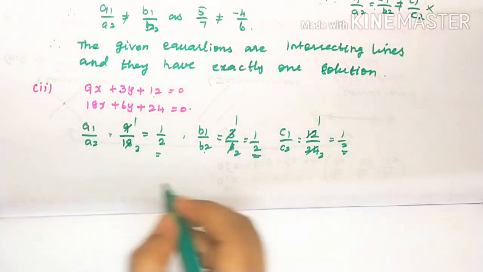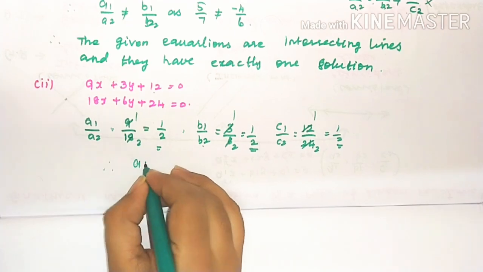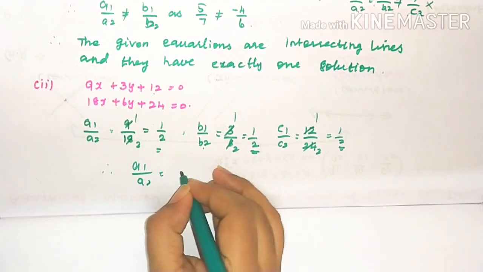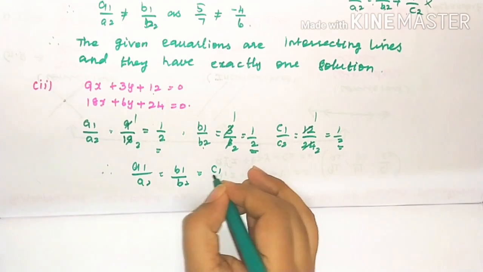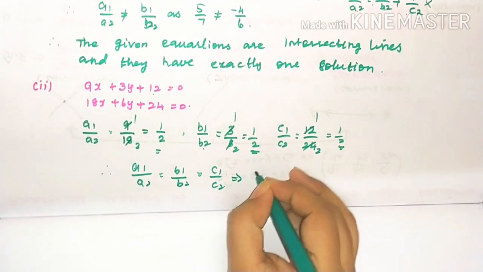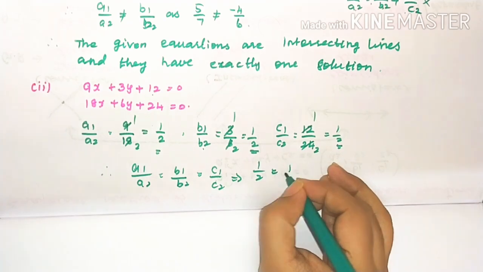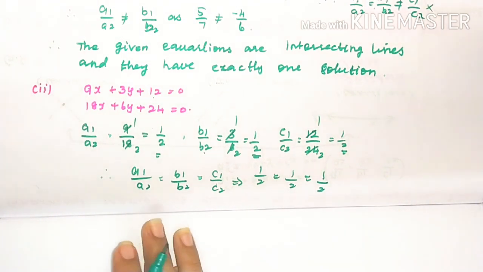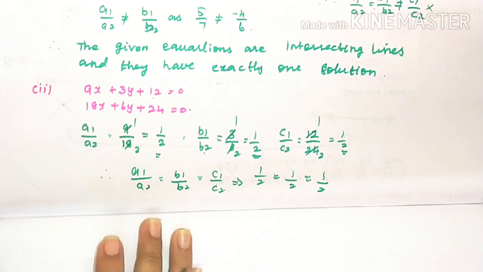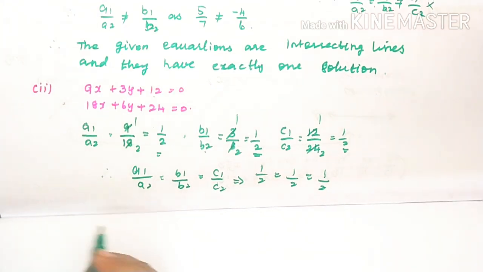So all are the same. Therefore a1 by a2 equal to b1 by b2 equal to c1 by c2. 1 by 2 equal to 1 by 2 equal to 1 by 2. So the pair of equations represent consistent lines and have infinitely many solutions.